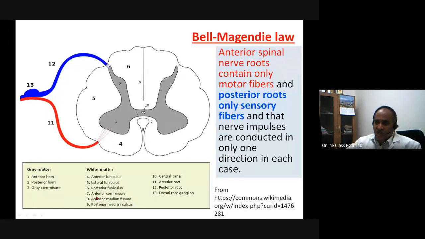Now we have the anterior commissure, that is 7. 8 is the anterior median fissure, and 9 is the posterior median sulcus. Then we have the central canal, 10, and then 11 is the anterior root, the posterior root, and the dorsal root ganglia. These are the structures of the spinal cord, and I have taken it from Wiki.